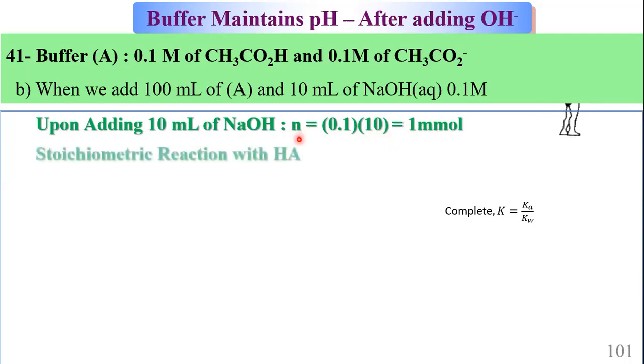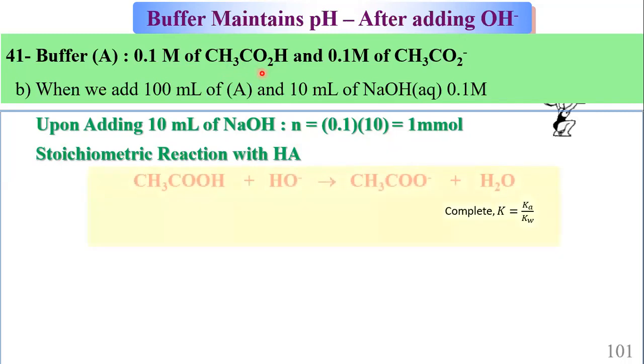So what should you do? Yes, exactly, a stoichiometric reaction. With whom? With the acid now, because the base, the strong base, will react with the acid of my buffer. Okay, so this strong base will be neutralized completely with the acid. So you do a reaction between the acid and the OH minus.